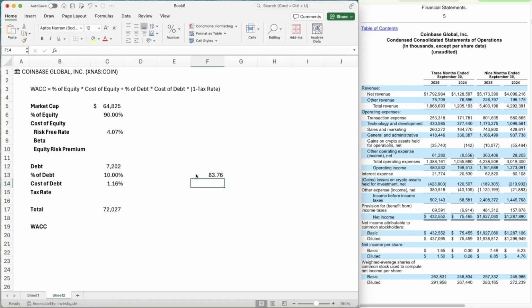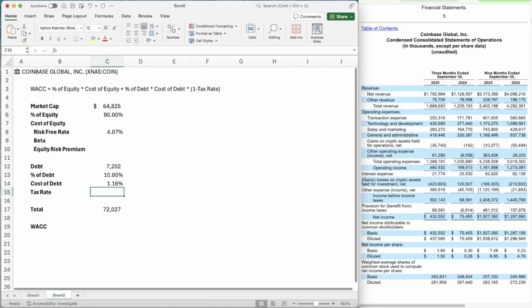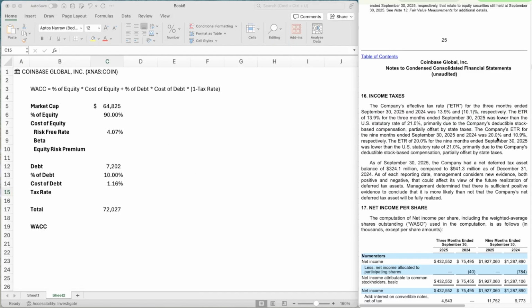They have about a 1 and a bit % cost of debt. The tax rate, I look for this. Okay, so we can see if you come down to page 26 on the 10Q for the 9 months ended 2025, about 20%. So let's use that.